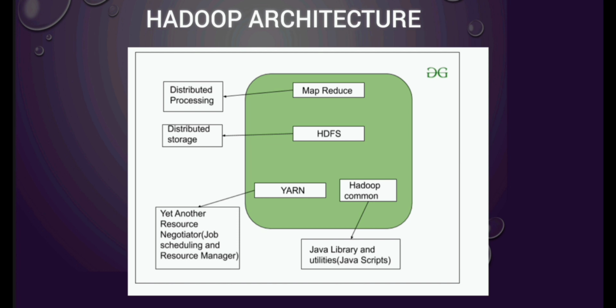Hadoop Common or Hadoop Utilities. Hadoop Common or Hadoop Utilities are nothing but our Java libraries and Java files, or we can say the Java scripts that we need for all the other components present in a Hadoop cluster.